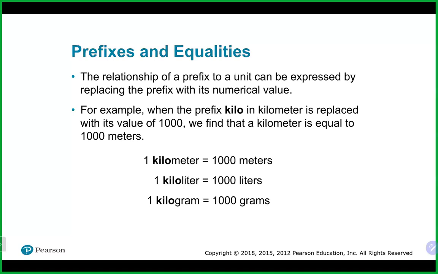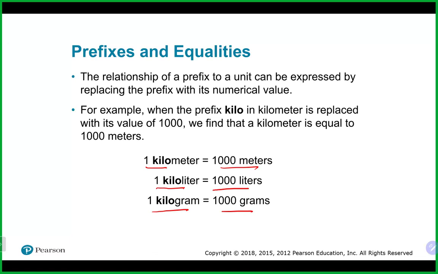And again, the prefix itself doesn't really change regardless of what sort of unit you're dealing with. So, for example, if 1 kilometer is 1,000 meters, then 1 kiloliter is 1,000 liters, and 1 kilogram is 1,000 grams. They're all the same sort of conversion, if you will.